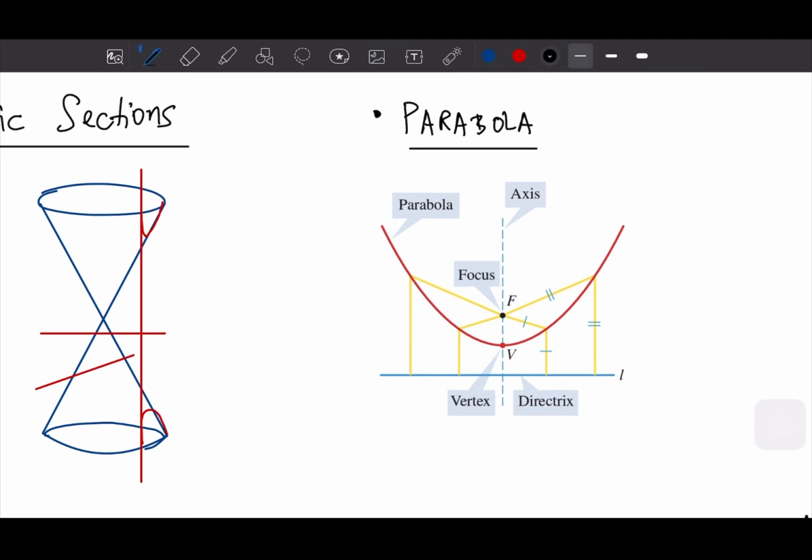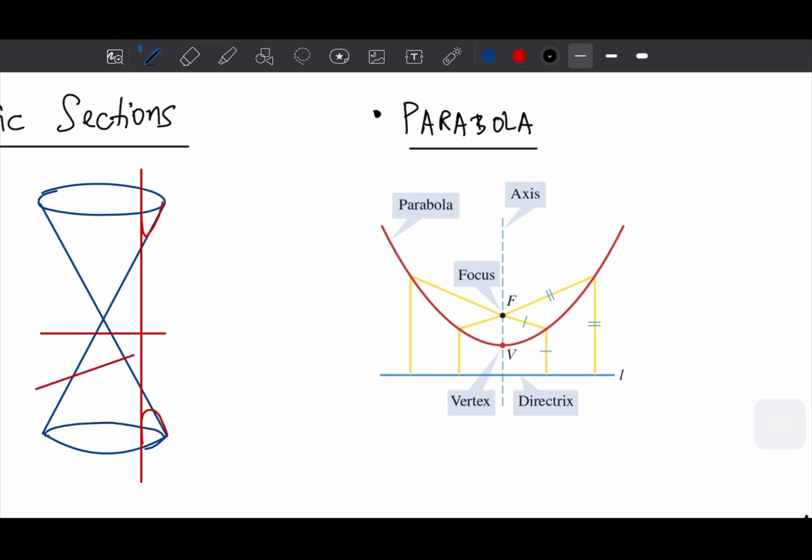In conic sections, the parabola is defined as follows. Let's say this curve here is our parabola, and it can be in any orientation; this is just a regular parabola. Imagine there is a point behind this vertex, a point F, which stands for focus.